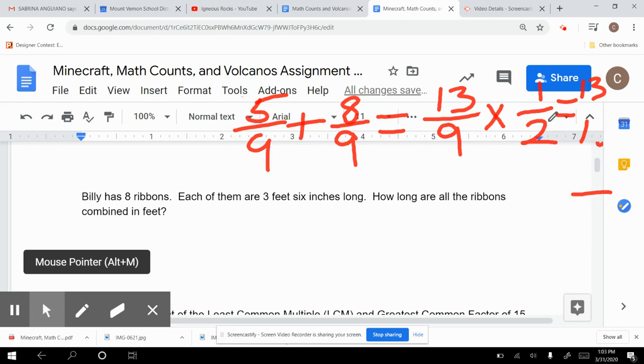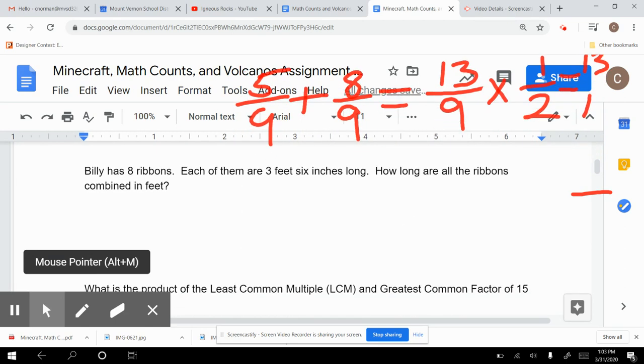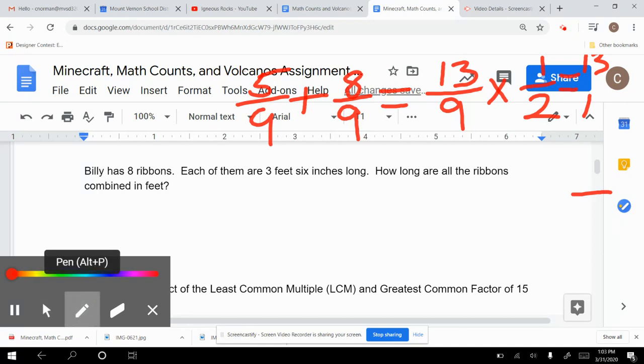Billy has 8 ribbons. There's a couple ways you can do this one. I'll show you the couple of solution strategies I would recommend. Billy has 8 ribbons. Each of them is 3 feet 6 inches long. How long are all the ribbons combined in feet? Okay, well, let's take a look at this. This is the way I gravitate towards the first method.